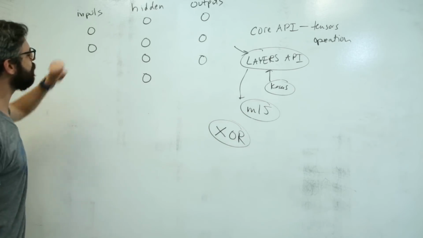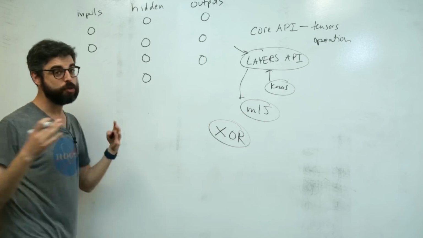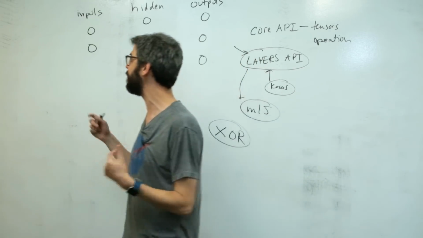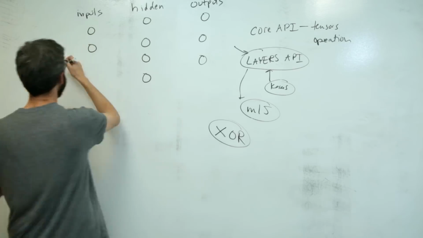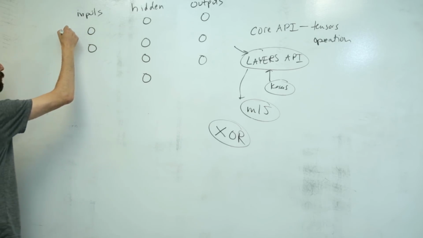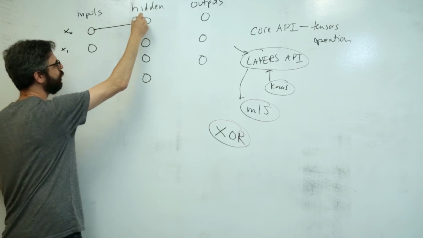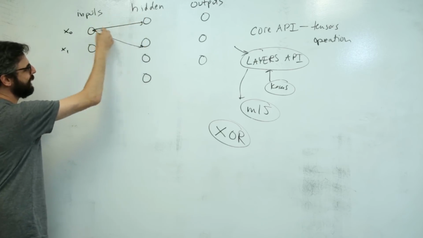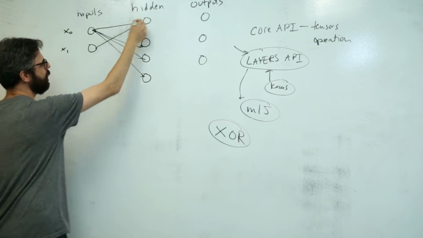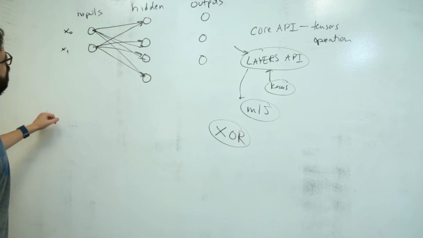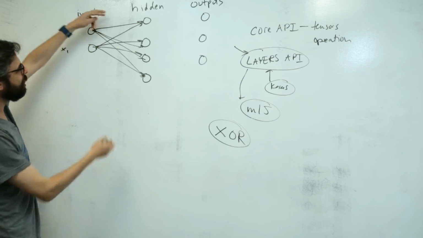Okay, so if this is my diagram, if you've never seen a neural network before, again, you could go back and look at some of my other videos, but the idea is there's some data, we might call this x0 or x1, and each of those inputs gets sent to each hidden node. There are weights here.